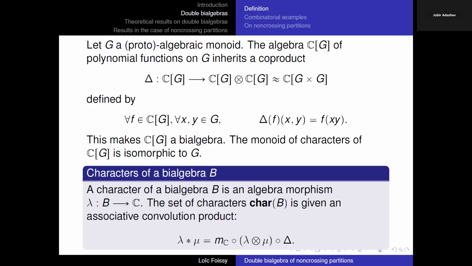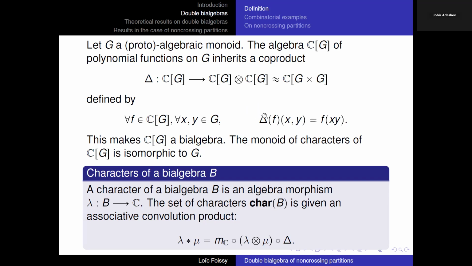So of course, this algebra only reflects the topology of the monoid. You want to represent the product of the monoid in some sense. So a good way to do this is something like this. You take a polynomial function on J, and you turn it into a polynomial function on J times J. So f is defined on J, delta of f is defined on J times J by this formula.